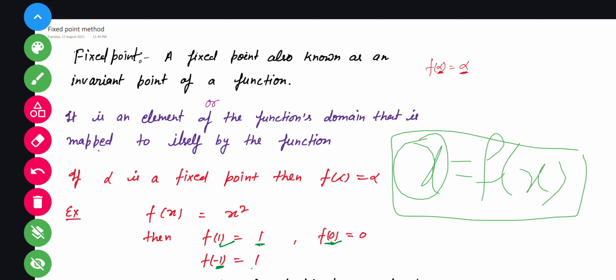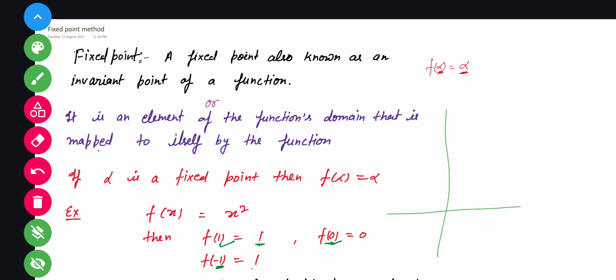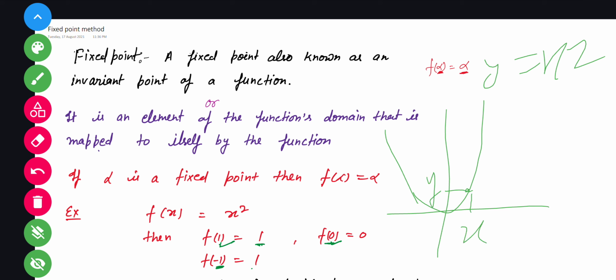For example, I would like to draw something here. So this is my curve of y equal to x square, let's say, and you can see that at some point here the value of x and the value of y would be equal, right? So this value of x, where its functional value, that is y, or we can say f of x, are equal, that x is known as the fixed point.